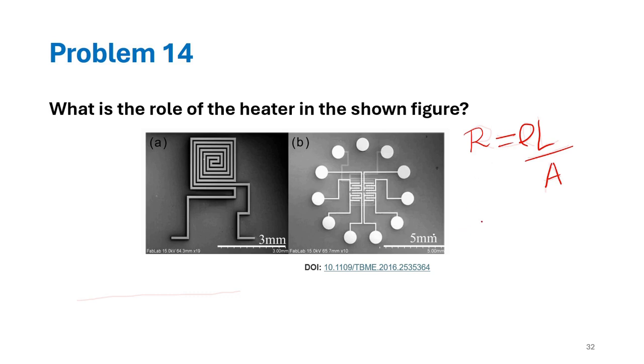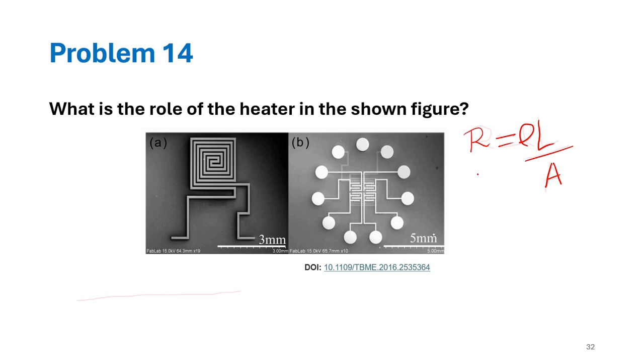So heaters work based on Joule's heating effect. Joule's heating effect is when a current flows through the wire, it produces some amount of thermal energy. This thermal energy will cause an increase in the temperature of the wire.